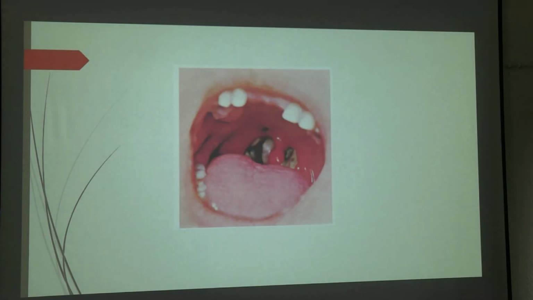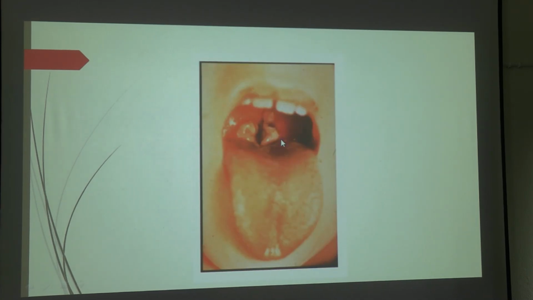Now see the pictures. So this is the oral cavity, this is the uvula, this is your tonsillar fossa, right? So you can see the whitish membrane over the tonsillar fossa. Now look, this membrane is not only confined to the tonsillar fossa, but it has also extended to the posterior pharyngeal wall, right? See this picture. This is the enlarged tonsil and this is the tonsillar fossa.